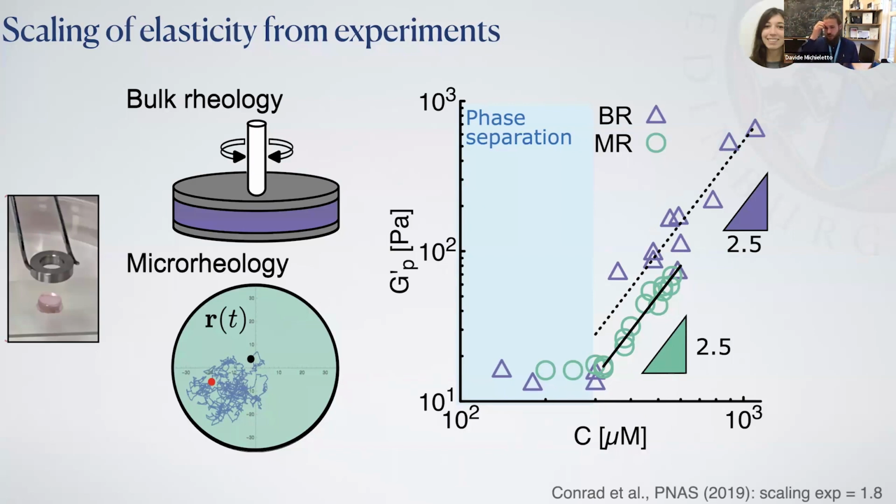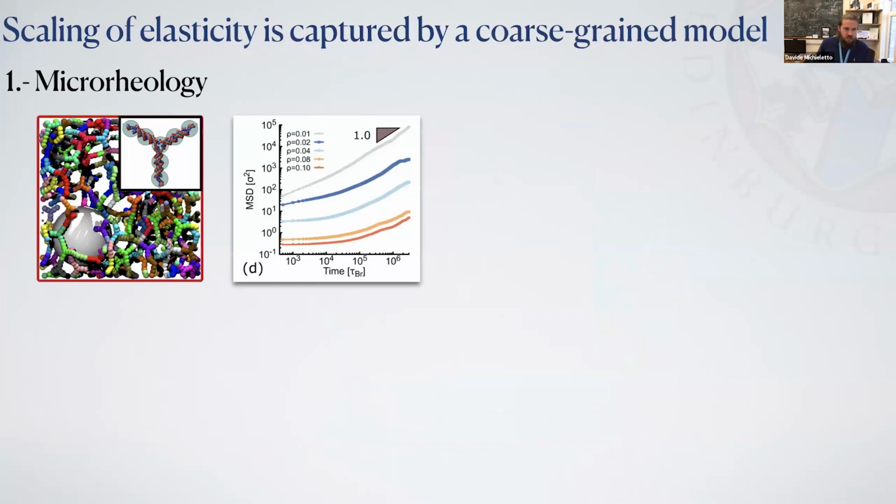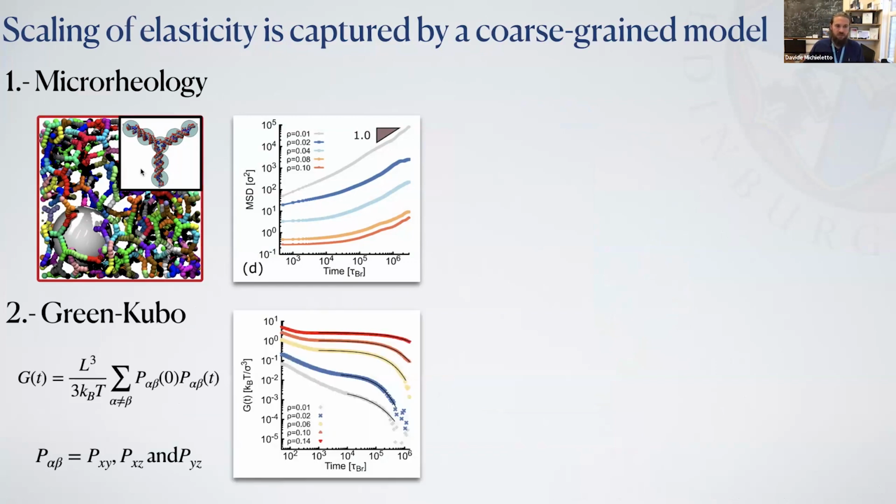And so what we did was some simulations. The simulations were done by Yair Fosado. What he did was to essentially fill up a box with a lot of these DNA nanostars, but coarse-grained into big beads. And then he has 2 methods of computing viscoelasticity.